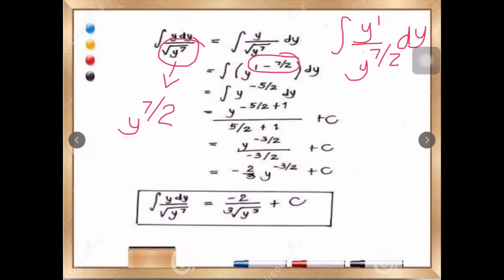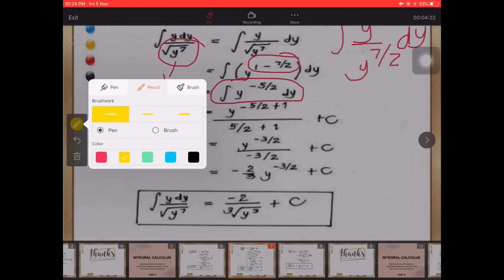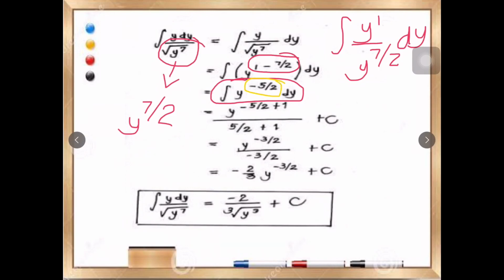So we need to integrate this. Given the integral of y raised to negative 5 over 2 dy, since our n is equal to negative 5 over 2, we get y raised to negative 5 over 2 plus 1, over negative 5 over 2 plus 1, which is y raised to negative 3 over 2 over negative 3 over 2, plus our arbitrary constant c.